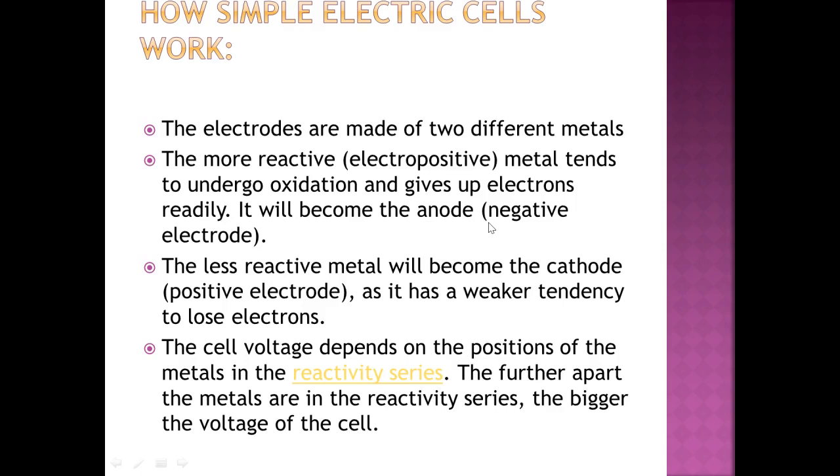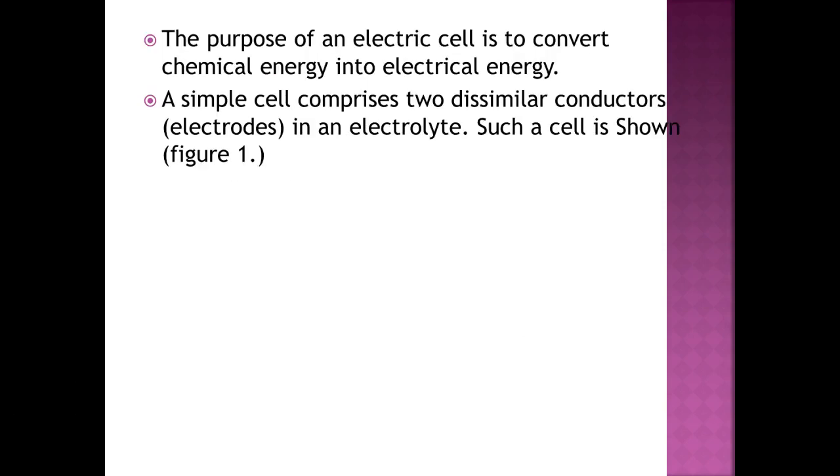The cell voltage depends on the metals' positions in the reactivity series. The further apart the metals are in the reactivity series, the bigger the voltage of the cell. The purpose of an electric cell is to convert chemical energy into electrical energy.